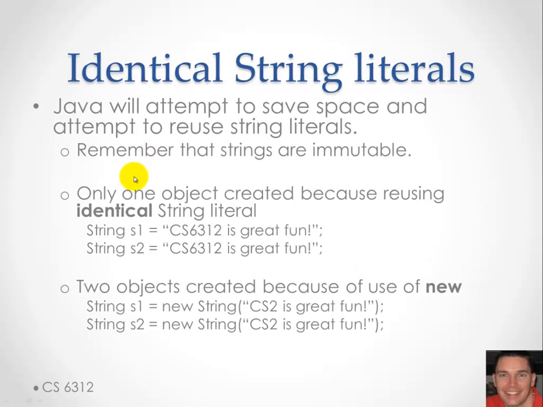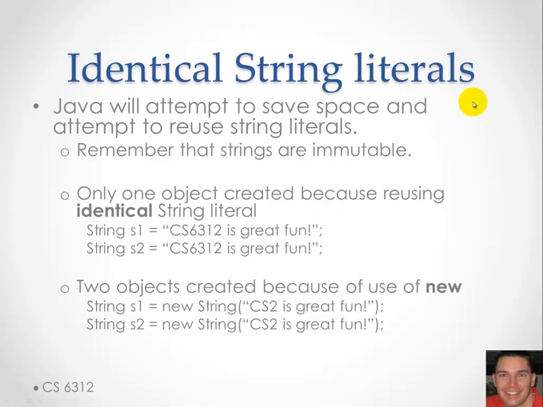Now there's another oddity with strings: Java will attempt to save space and reuse string literals. We have to remember that all strings are immutable. So if I say S1 equals this string literal, and S2 equals the exact same string literal, when I execute S1, it makes a string object that has CS6312 in it.